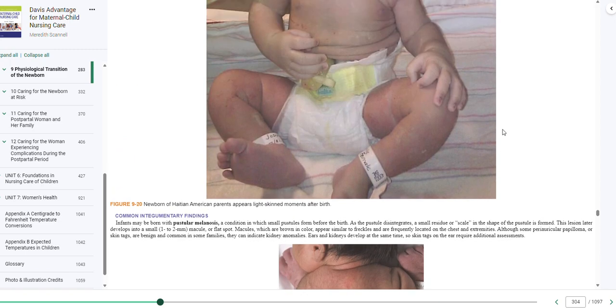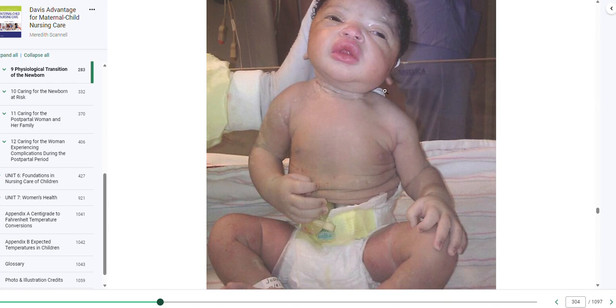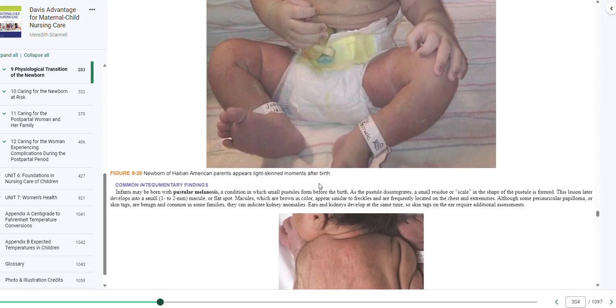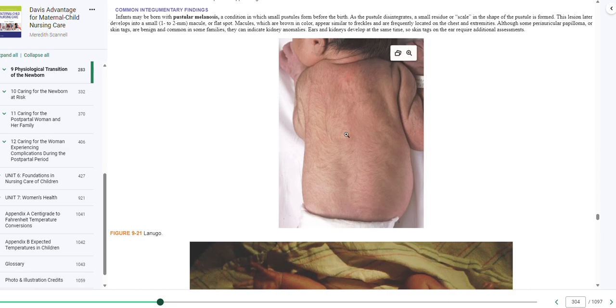All right, a lot of cultures have infants that are born lighter skinned than what they will be. This is a Haitian baby that's light skinned. Her skin will darken as she matures in age. Then we have lanugo. This is the hair on the back.